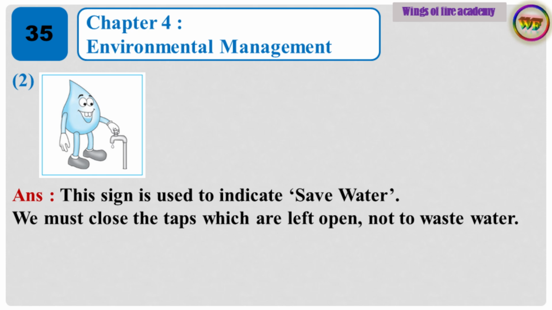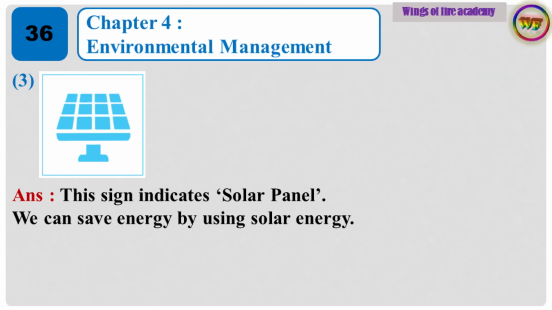Answer. This sign is used to indicate save water. We must close the taps which are left open, not to waste water. Sub-question 3. Answer. This sign indicates solar panel. We can save energy by using solar energy.